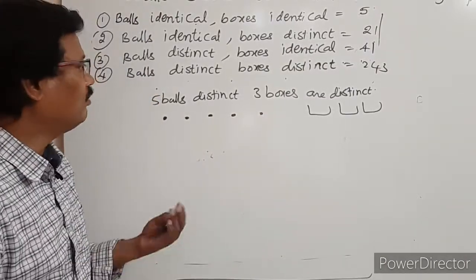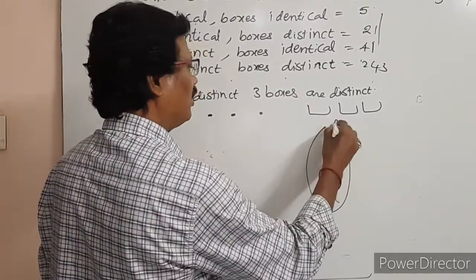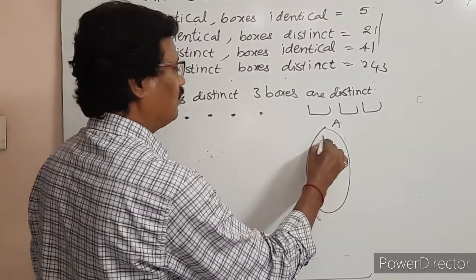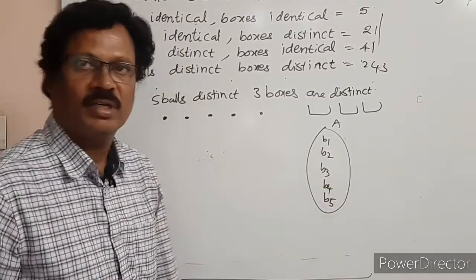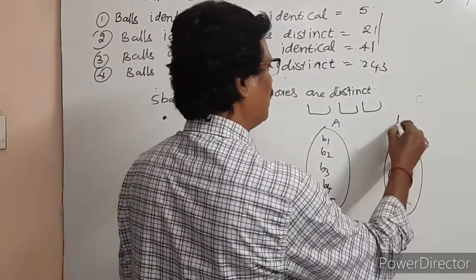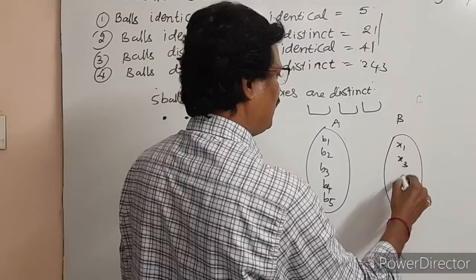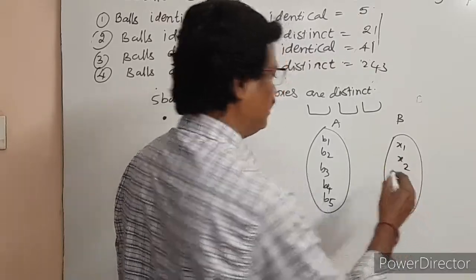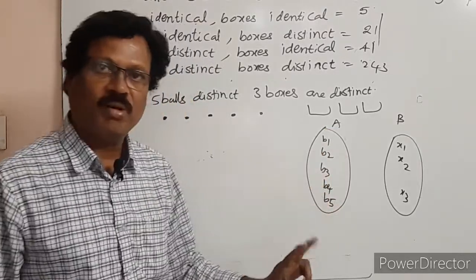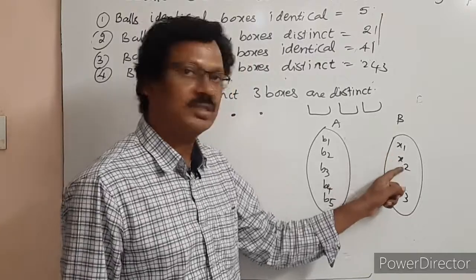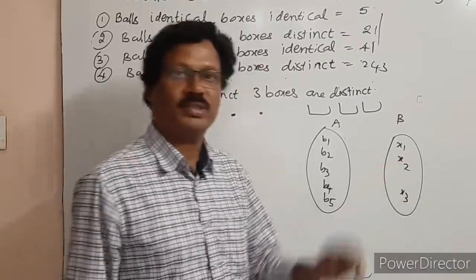Now, this is nothing but the number of mappings from A to B. Suppose this is a set A containing the 5 balls B1, B2, B3, B4, B5, and set B containing the 3 distinct boxes X1, X2, X3.